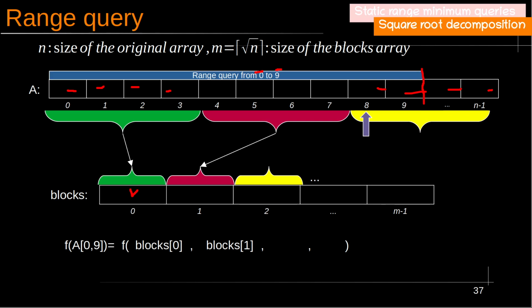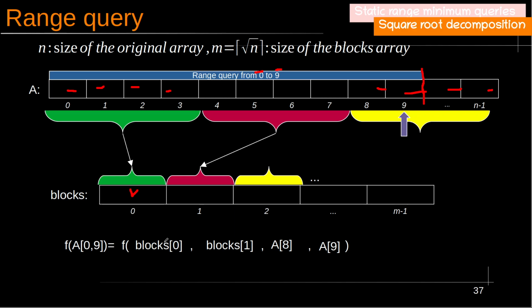which means we take AA and we add 1 now to pointer. We come to 9. Same here. We are not at the beginning of a block. We will not use the entire block. So we only use that value at A9.